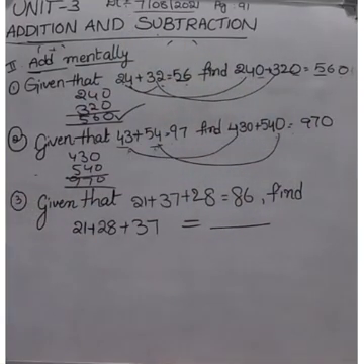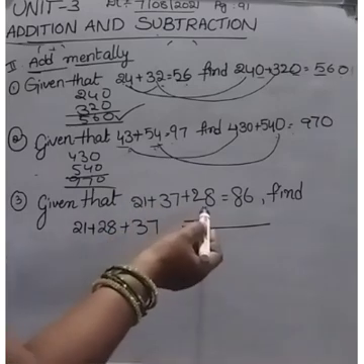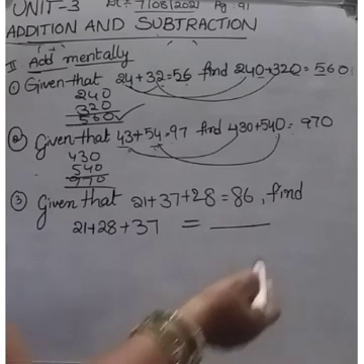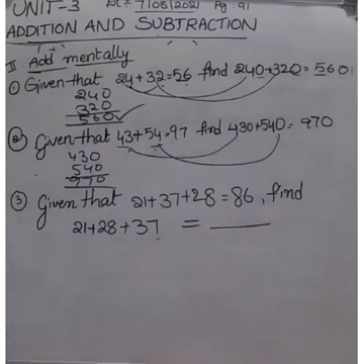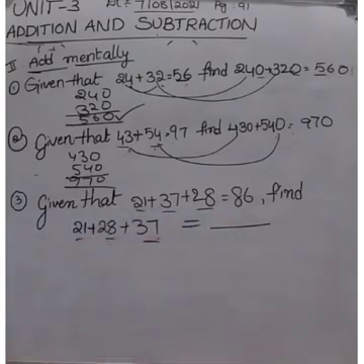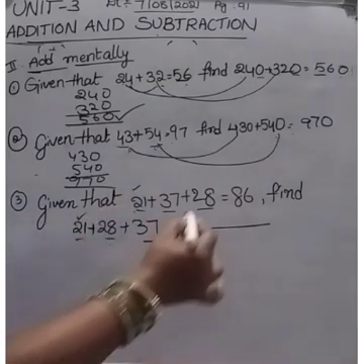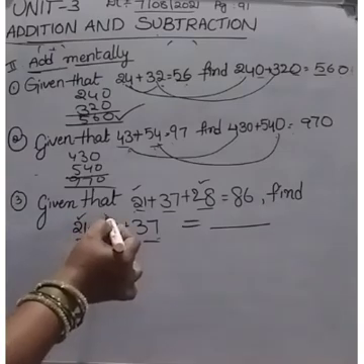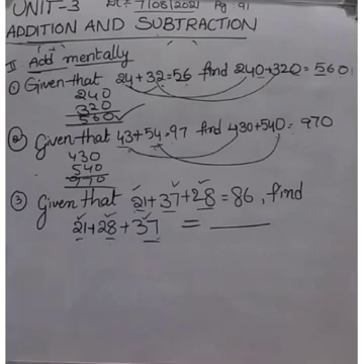Okay, third one. Given that 21 plus 37 plus 28 is equal to 86, find 21 plus 28 plus 37. This is 3 numbers, 1, 2, 3. Here also 3 numbers. So first observe clearly. 21 is there and on this side also 21 is there. 28 is there, here also 28 is there. And one more number 37 is also there.